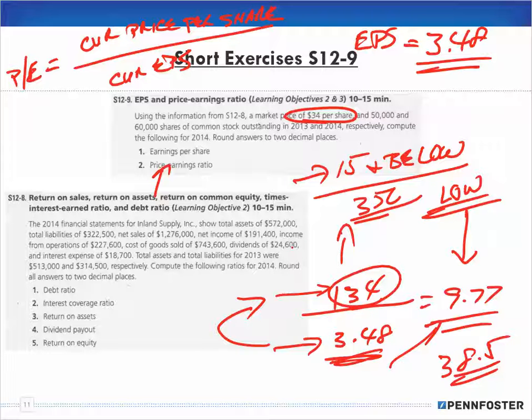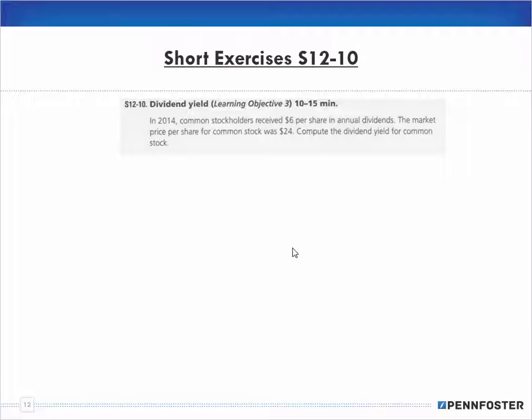So that's it for that particular question. And I'm going to do number 10 here because it's the last one, and we'll be done with the short exercises for the chapter. All right. So, dividend yield.